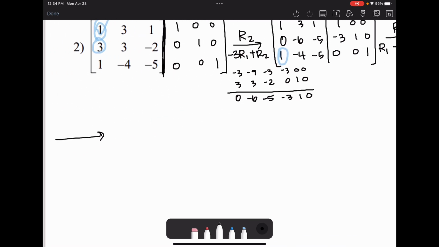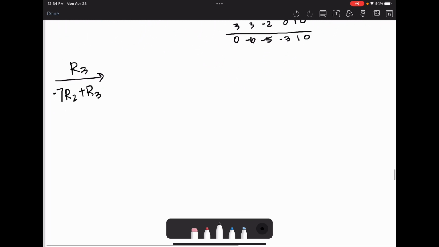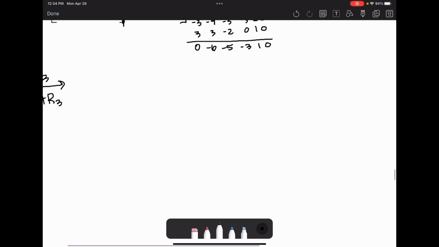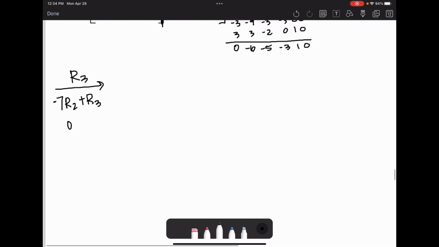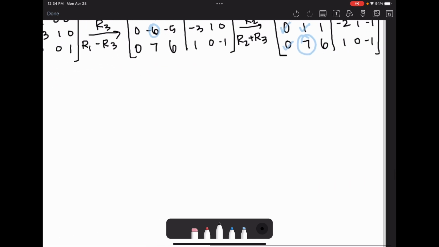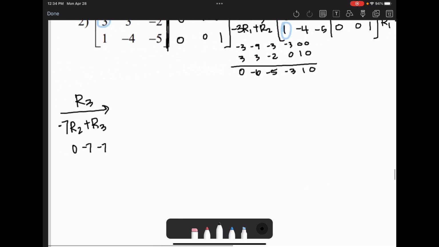So for row 3, I'm going to do -7 row 2 plus row 3. And I am going to write out the little calculation down here. So 0, -7, -7. And then -14, or I guess it would be +14. 14, -7, 7.